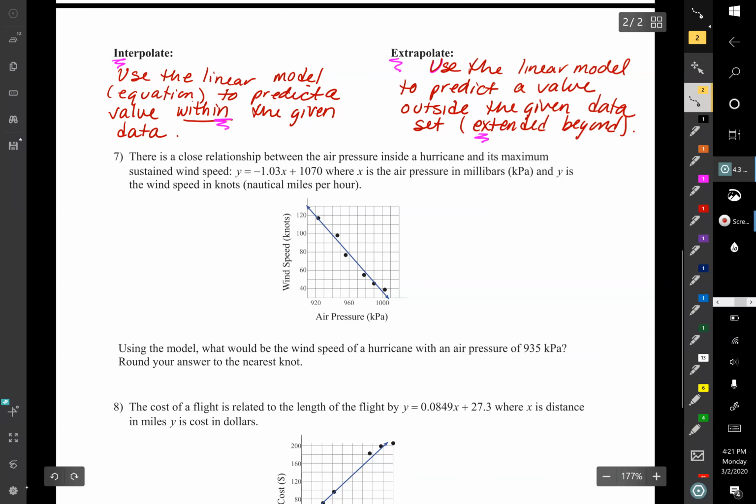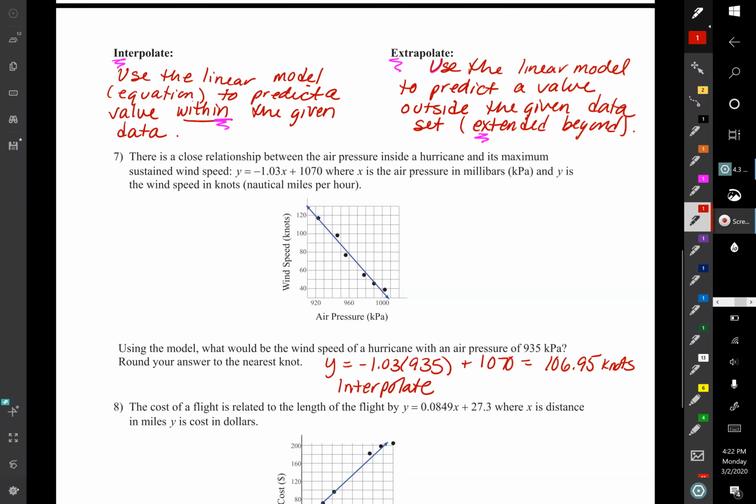So we're going to just take that value and plug it in for x into our function. You are familiar with that, so go ahead and do that. Once we do that, tell me if that is extrapolating or interpolating. You have to consider the domain of that.